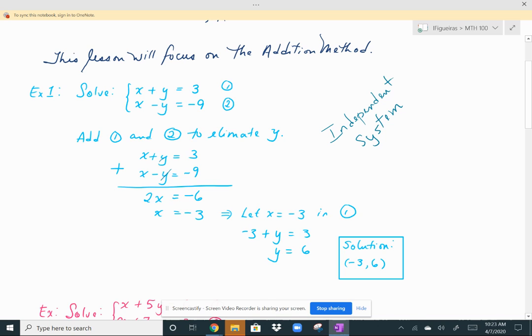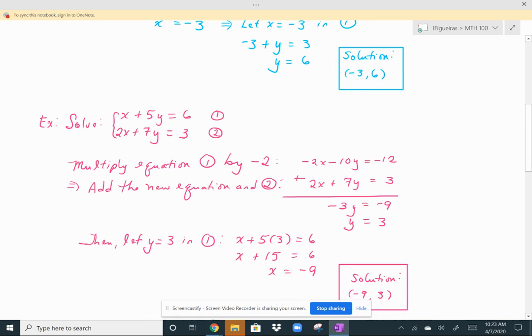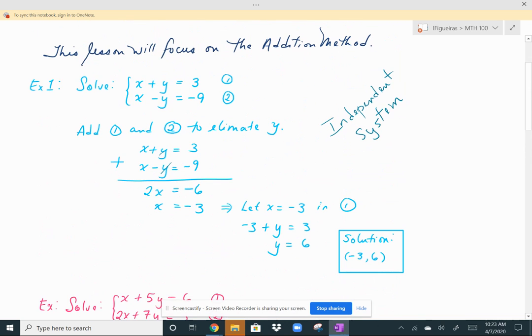Okay, let's do another example. Here I have x plus 5y equals 6 and 2x plus 7y equals 7. Unlike the last example, in my last example my y's just naturally would cancel, because in the first equation it's plus y, and in the second equation it's minus y.